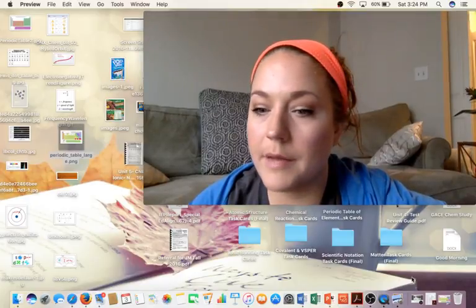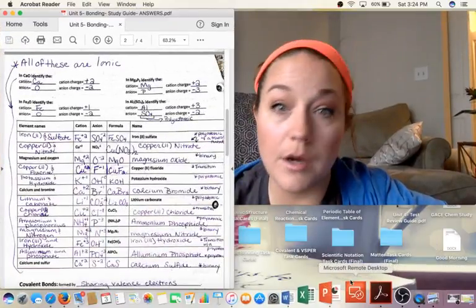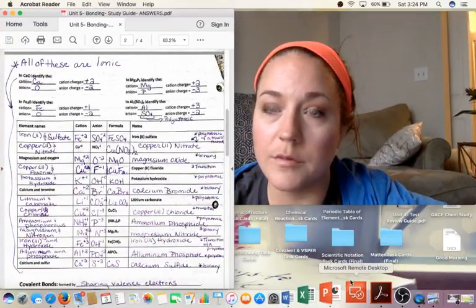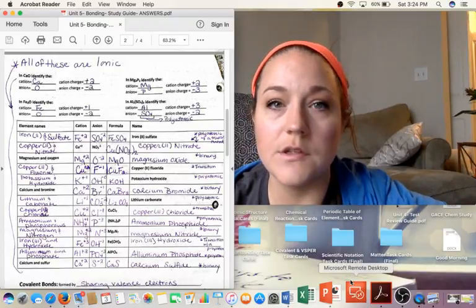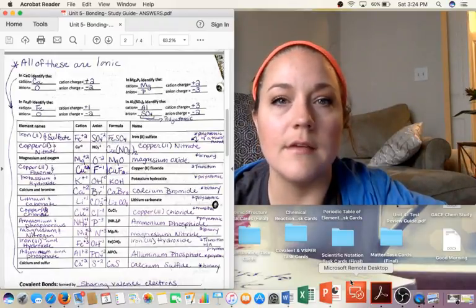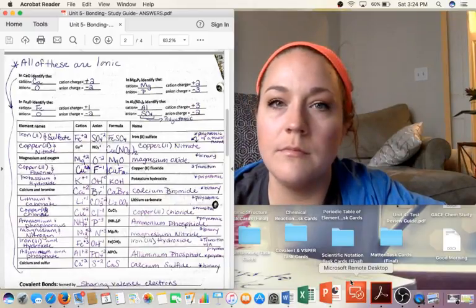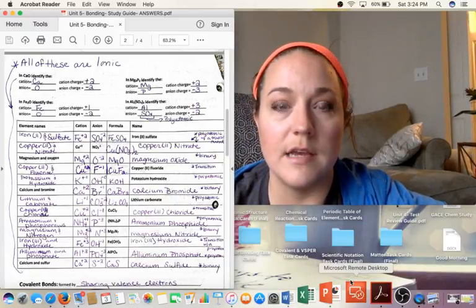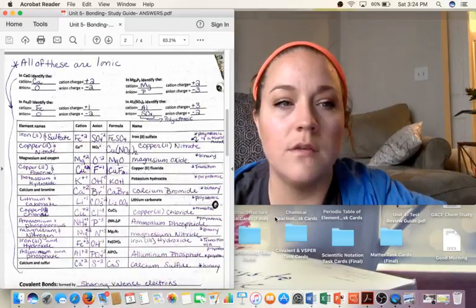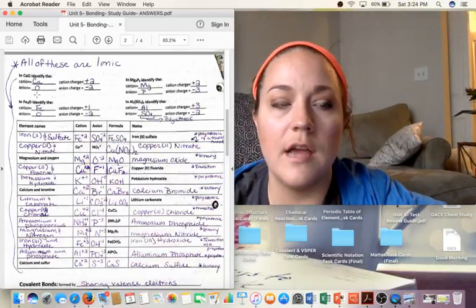All right, back to the study guide. So you should have this marked on your periodic table. All you have to do is look at the periodic table, see that calcium is in the second group. He is a metal. And then oxygen is on the other side of the table in the nonmetals. So you got your cation and your anion.